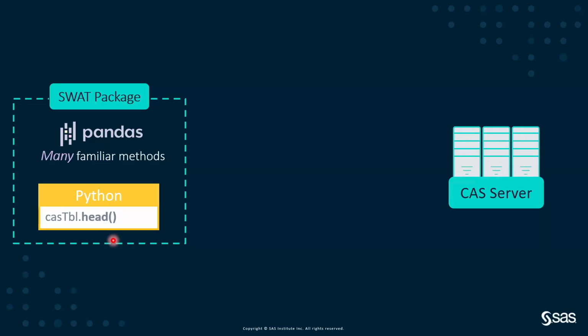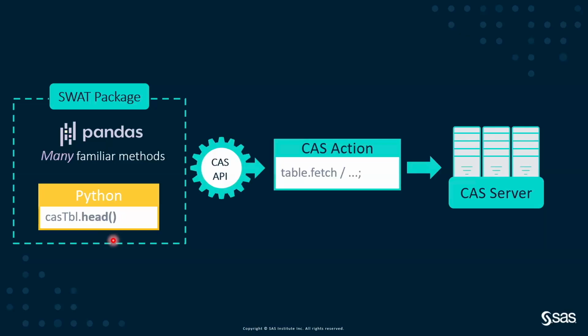So what it does is the SWAT package actually allows me to use Python-like syntax, which can be pretty much understood by CAS server as well. So the role of the SWAT package is to act like a translator between Python and your CAS server.